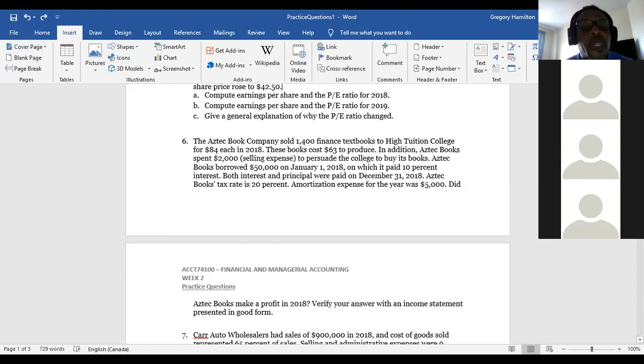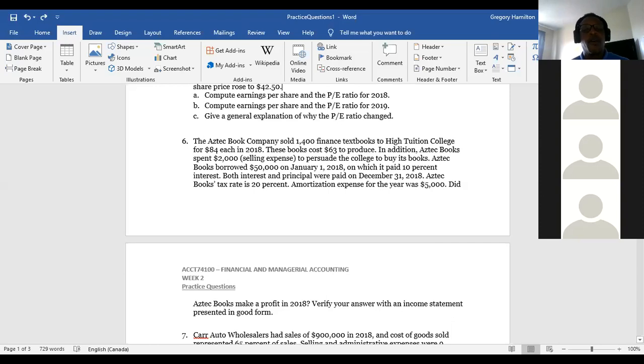Aztec Books borrowed $50,000 on January 1, 2018, on which it paid 10% interest. Both interest and principal were paid on December 31st, 2018. So it actually repaid the loan on the 31st of December. So it kept it for a year.